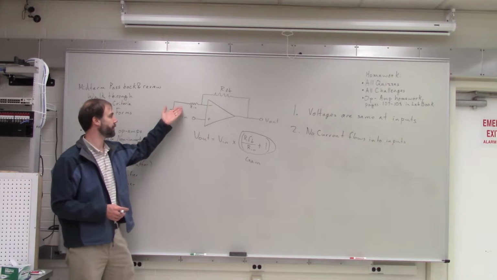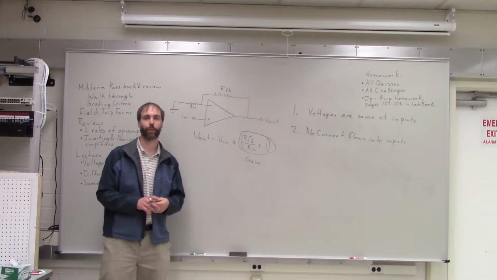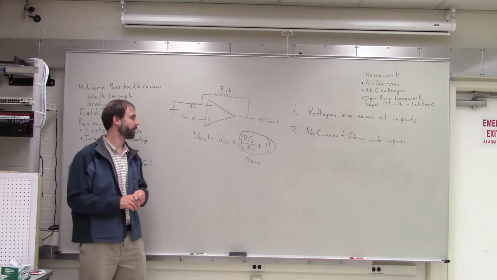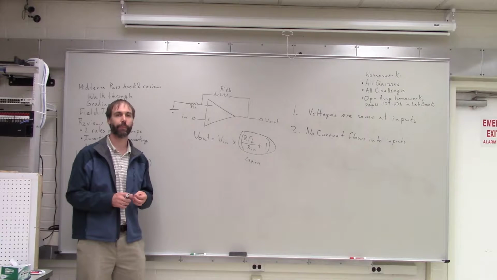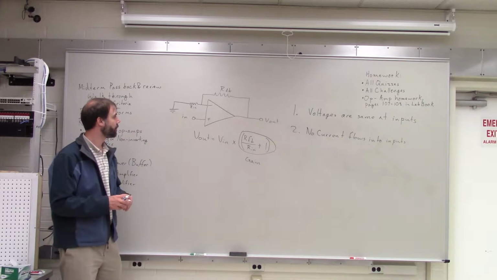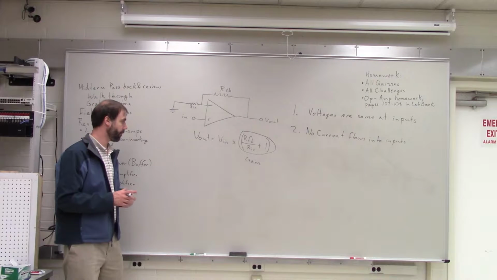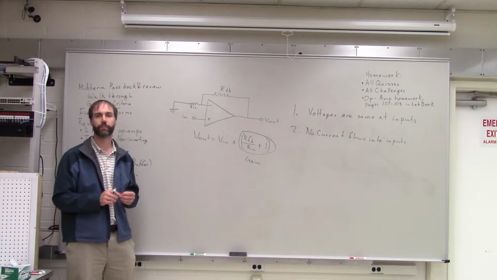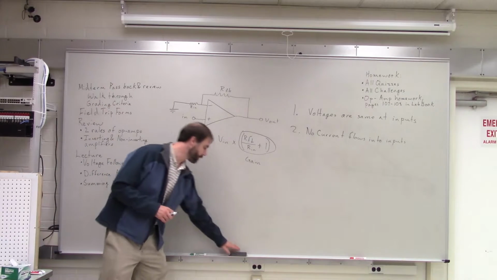So when you have a positive input voltage, you get a positive output voltage. The sign is not inverted, so this is a non-inverting amplifier circuit. Okay? So, any questions about that?